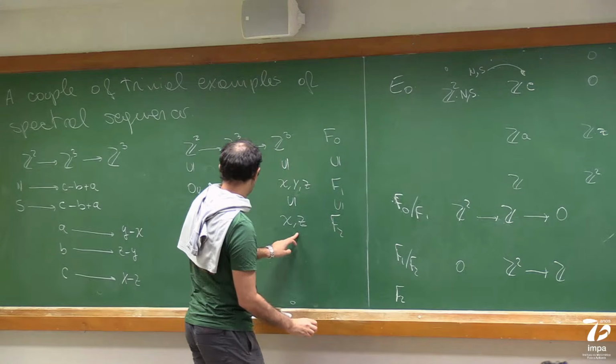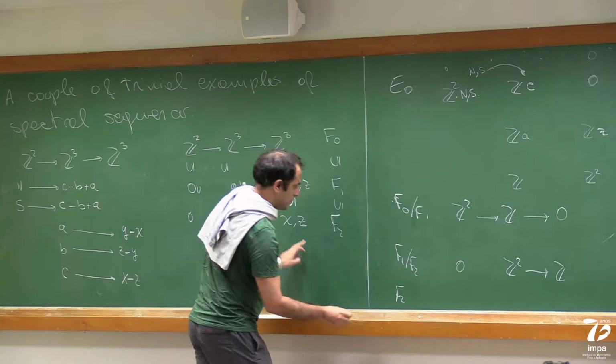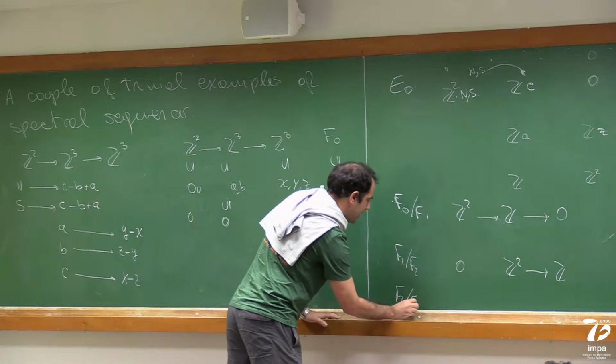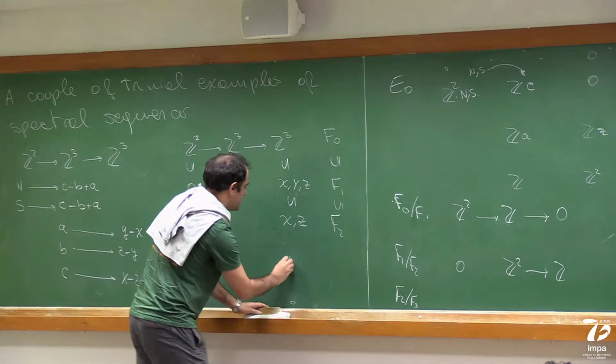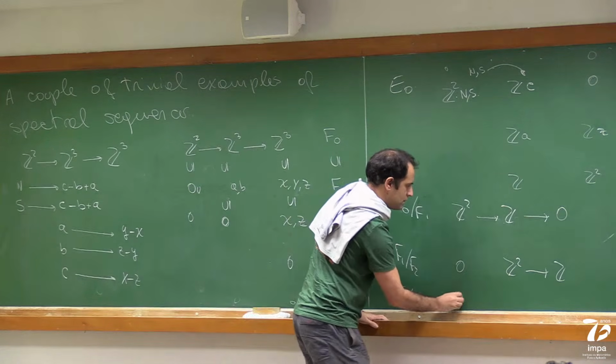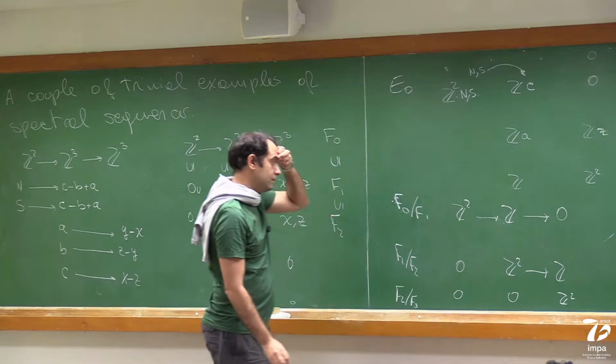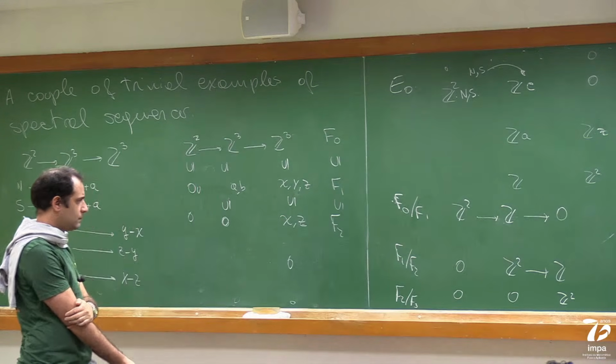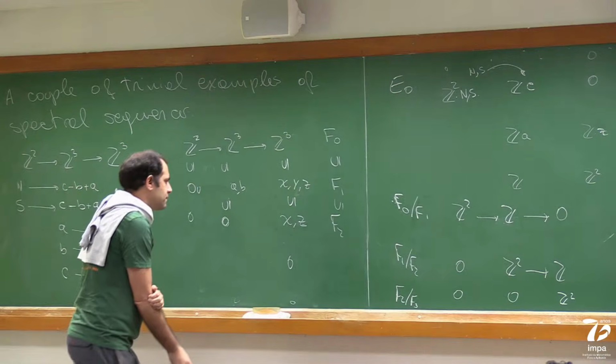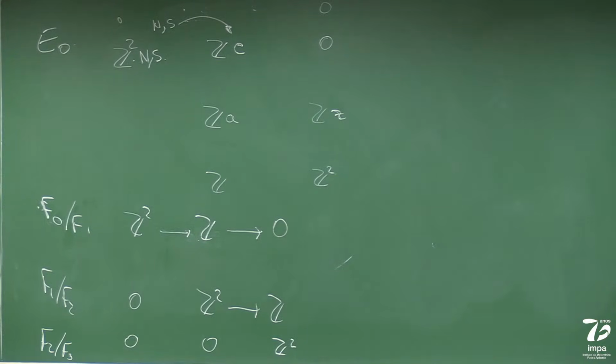Probably here I needed only 1, but it doesn't matter. F2 divided by F3, which is just 0, is just F2. Okay, hopefully that works. This is certainly a filtration.